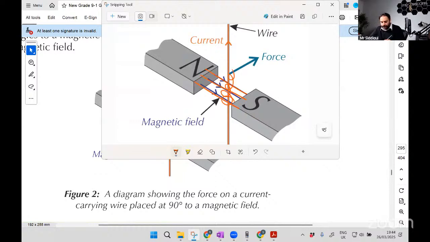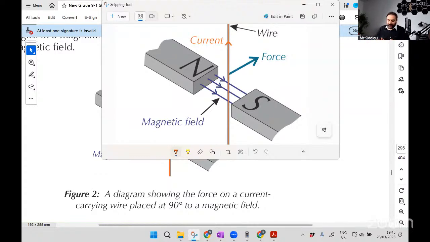And those two magnetic fields interact. You want to try and use that word, interact with each other, causing the wire to experience a force. It's a little bit like when two magnets repel each other with the north and north poles. There's a force, right? It just appears. And so these two magnetic fields interact with each other, and the wire experiences a force. So that's the simple thing in terms of what the motor effect is.